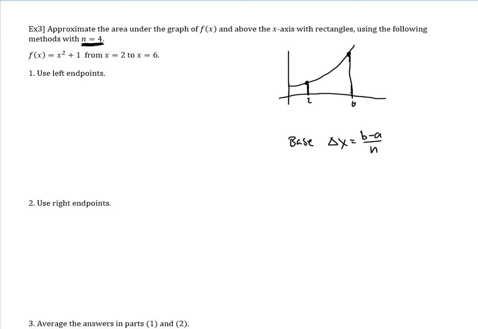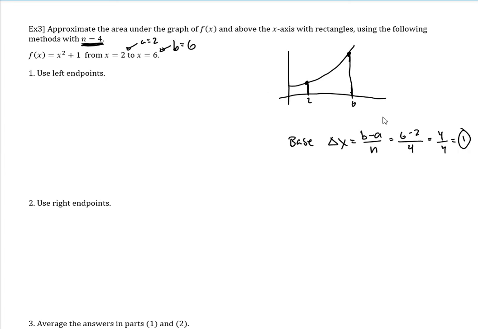Okay, so in this problem, we have our b is really 6. So they said from x equals 2 to x equals 6. This is really b, so b is 6. And then that x is really a. And so we could plug those in, and we have 6 minus 2 over the n. They told us n is 4 right there. So we'd have 4 over 4, which gives us 1.